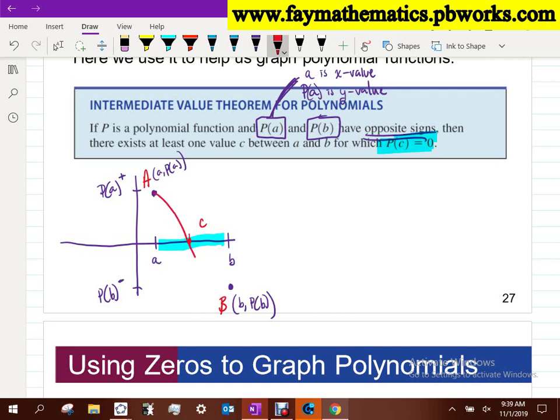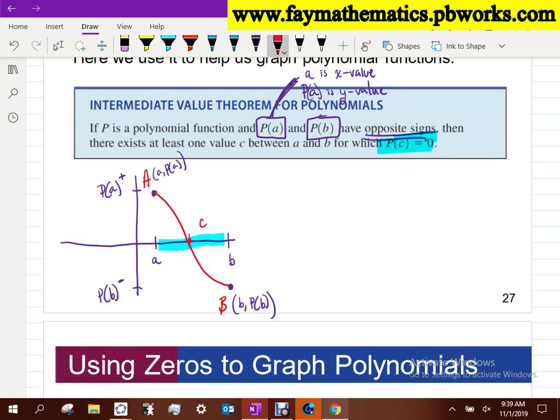Don't I somehow have to cross the x-axis? What's the word intermediate mean, just by itself? In the middle. It doesn't have to be in the exact middle, but between, right? Intermediate kind of means between. So this is saying that if you have y values that change signs, then what did you have to cross between those two y values? You had to cross a value of 0, right? Okay. That's all the intermediate value theorem is saying.